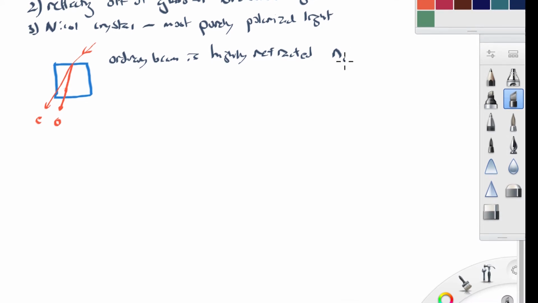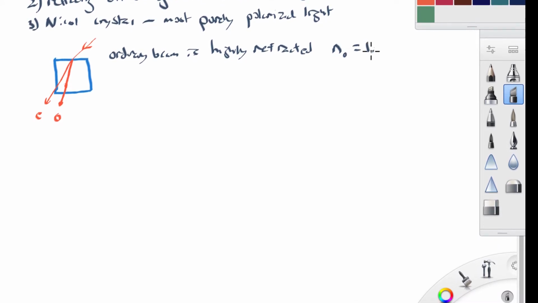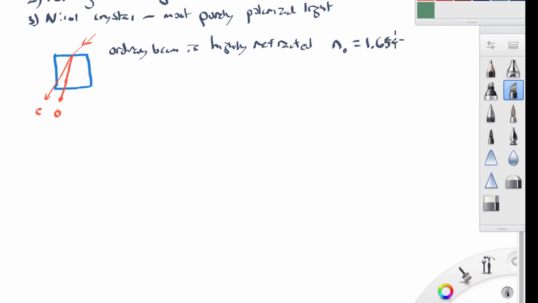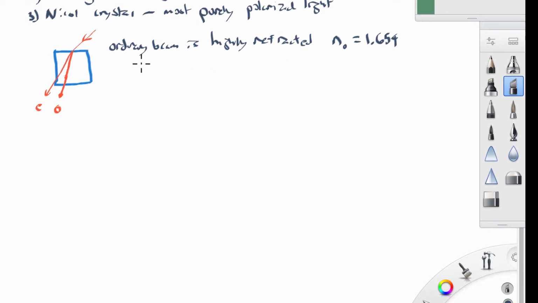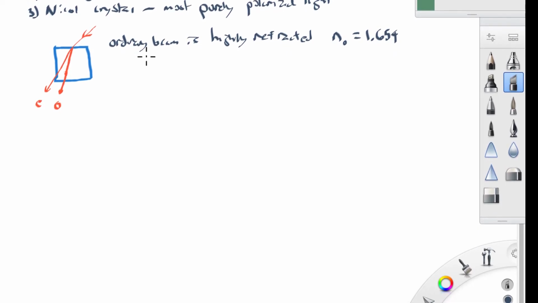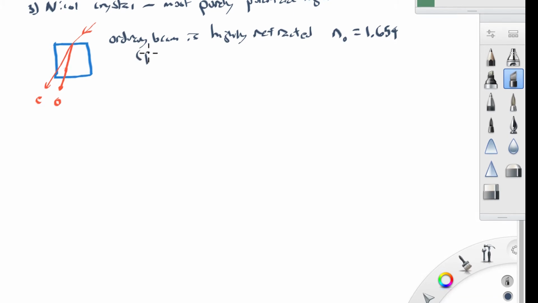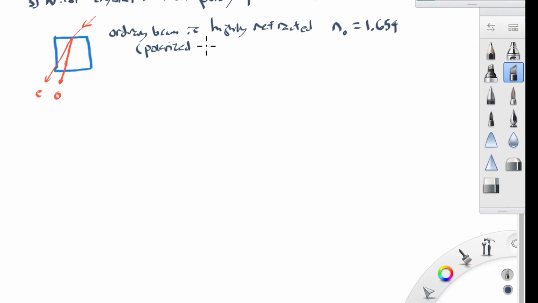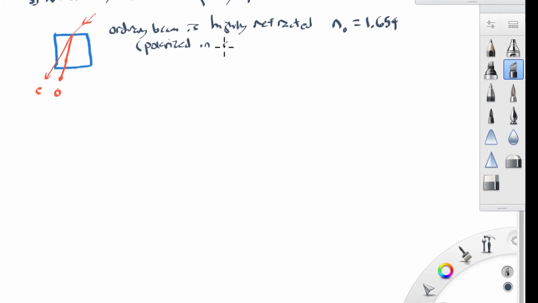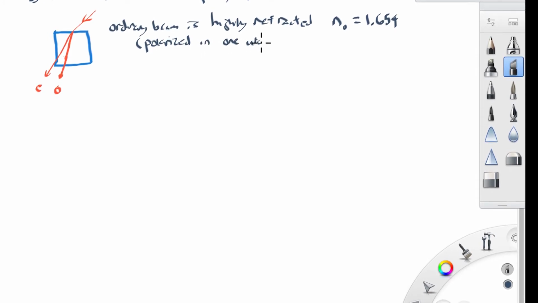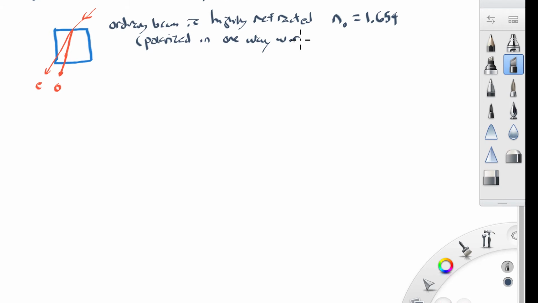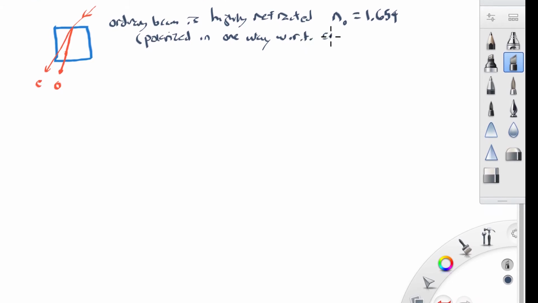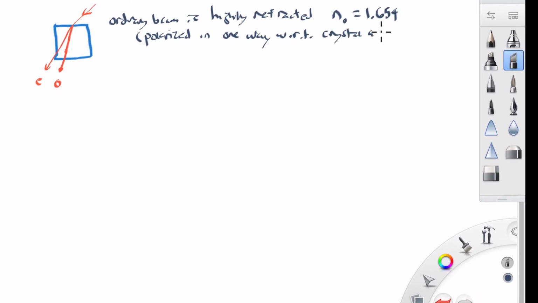The refractive index for the ordinary beam was 1.654. And by the way, the ordinary beam is comprised of polarized light. It's polarized in a particular orientation. So I'll say polarized in one way with respect to the crystal axes.